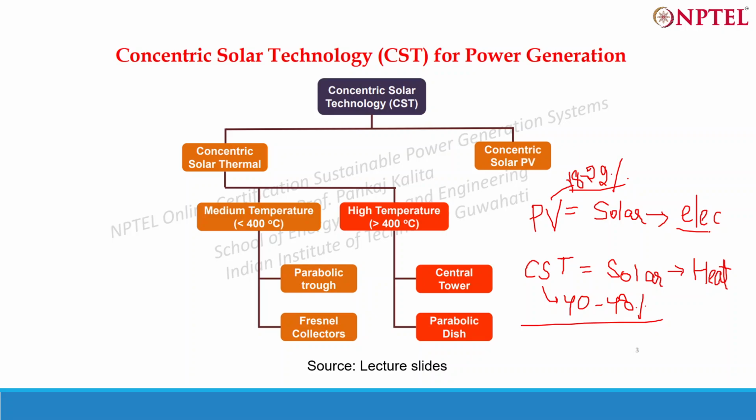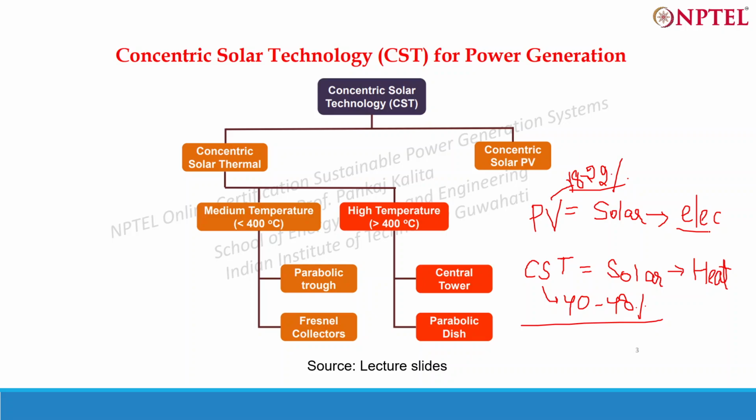I will give you an example. Let's say we have a heat source available at 50 degrees Celsius and another heat source available at 500 degrees Celsius. Both contain the same quantity of heat, let's assume 100 megajoule. But the 500 degrees Celsius source will be much more useful because the quality of energy is higher.